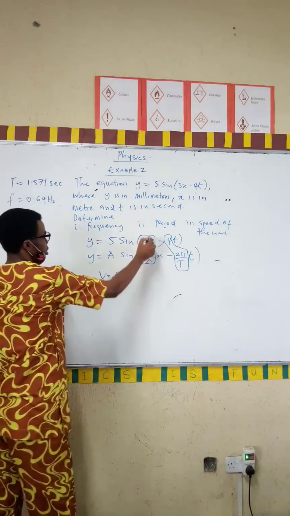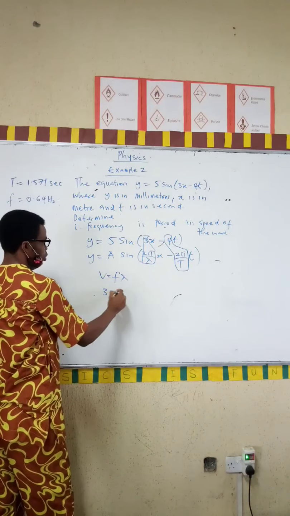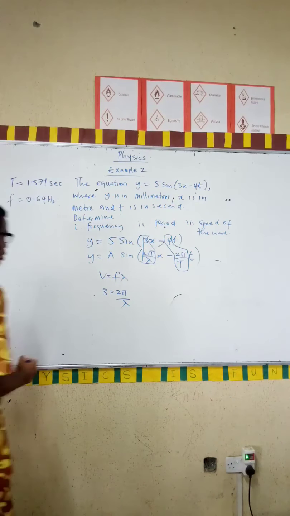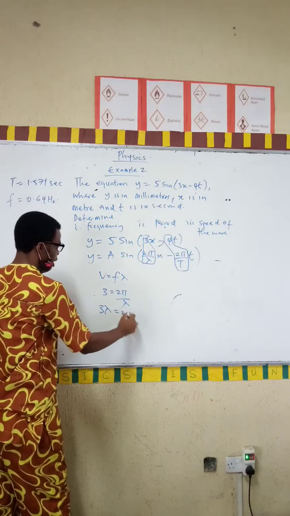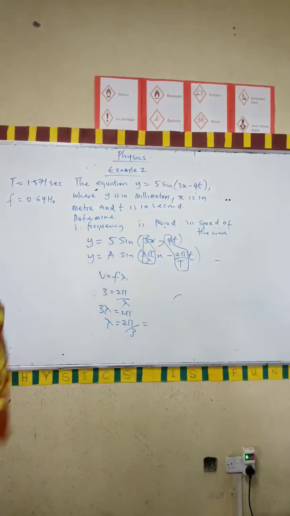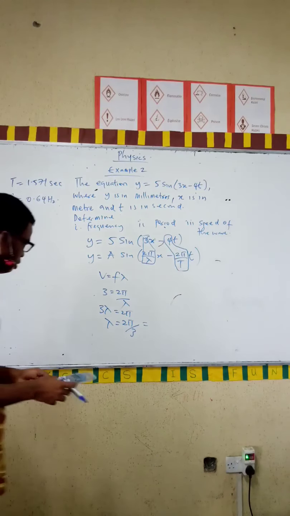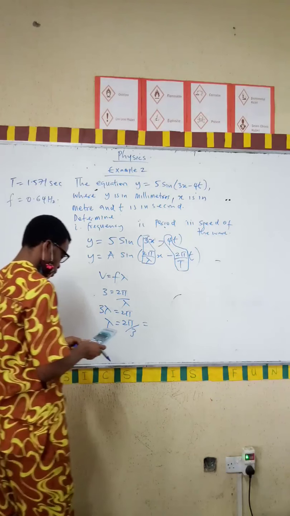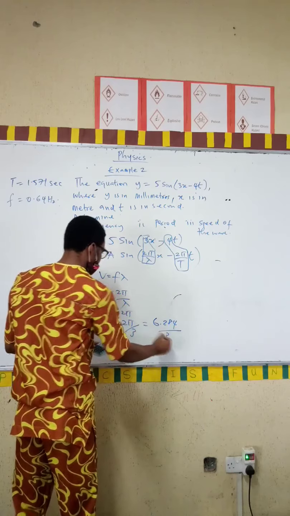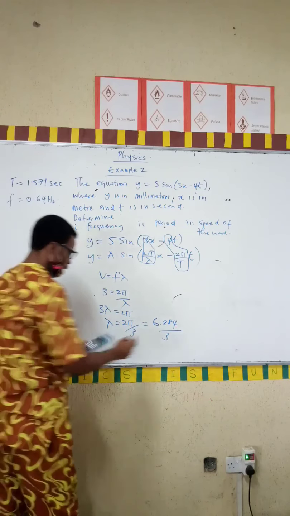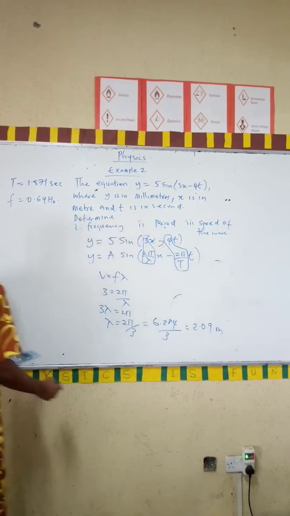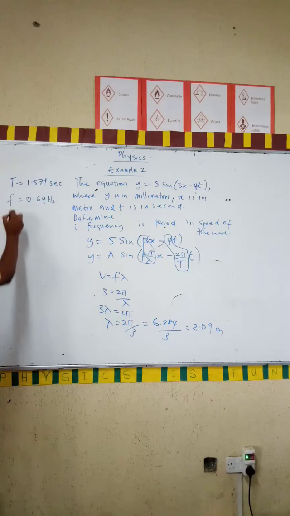That is 3 equals 2 pi over lambda. So 3 lambda equals 2 pi. Lambda is 2 pi over 3. That will be 6.284 divided by 3, and that will give us 2.09 meter. So our lambda is 2.09 meter.